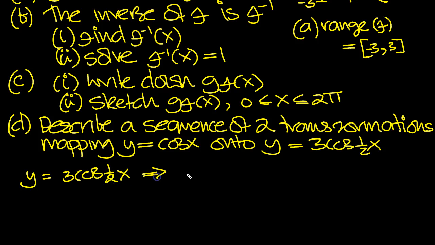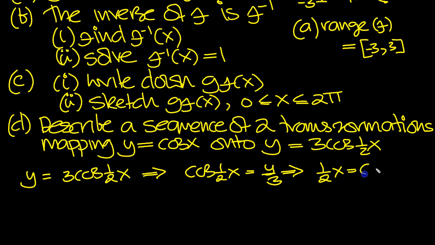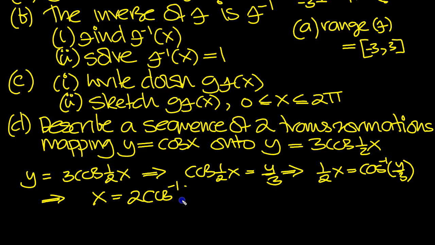So that tells us then that cos half x is equal to y over 3, and that tells us that half of x is equal to arc cos of y over 3, inverse cos both sides, and finally we can now read off that x is equal to 2, move the 2 up to times on the other side, cosine minus 1 of y over 3.